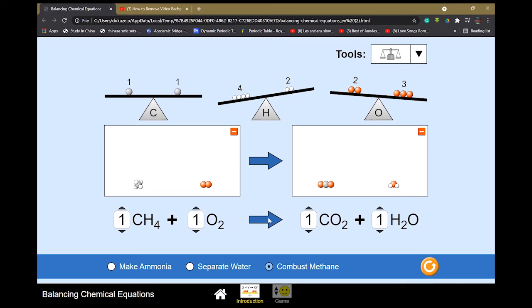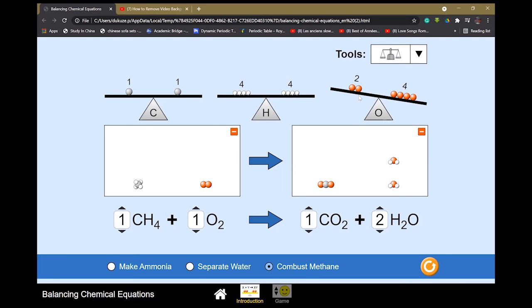So we have to balance it. How do we get it balanced? Let's start with the carbon. The carbon is already balanced. Now let's go to hydrogen. Here we have 4 and here we have 2. Let's increase to 2. For the hydrogen atoms, now it's balanced. We have 4 on the left-hand side, reactant side, and 4 on the product side.